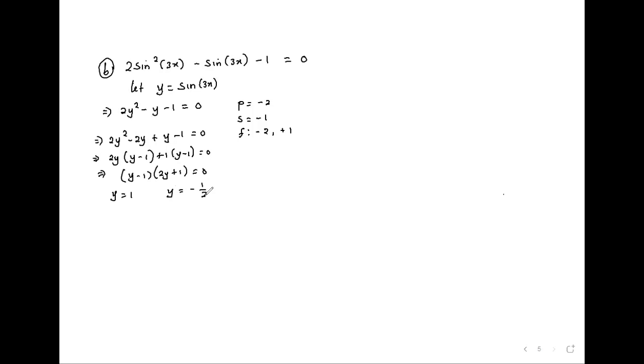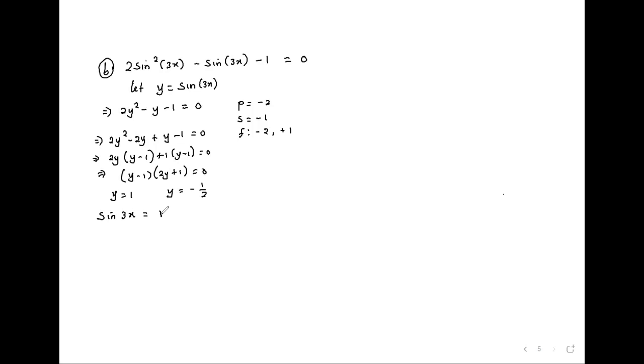So easy, is it? So when y is 1, remember our y is sine 3x, so it's equal to 1. You check again, what gives us 1? For sine, we know that sine 90 is 1.